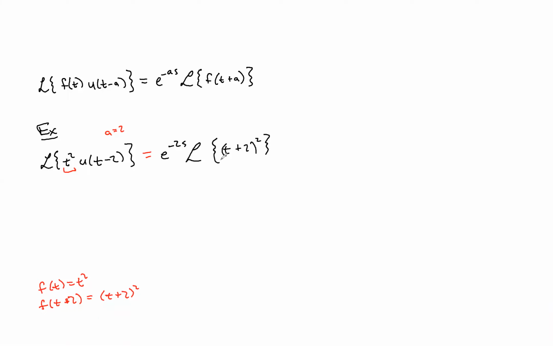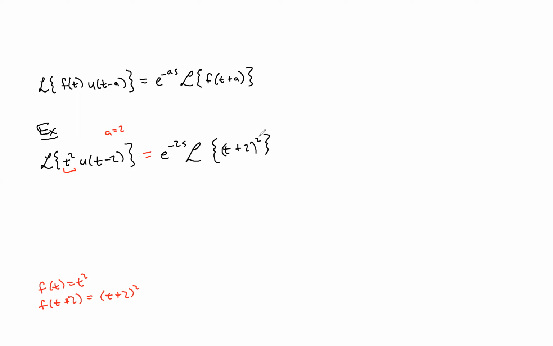So we've taken this Laplace transform of a function times a unit step function and turned it into the Laplace transform of something we know how to handle using our table of Laplace transforms. And then we've got this extra e to the negative 2s that shows up.